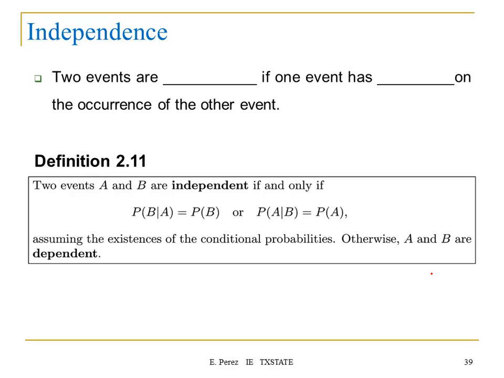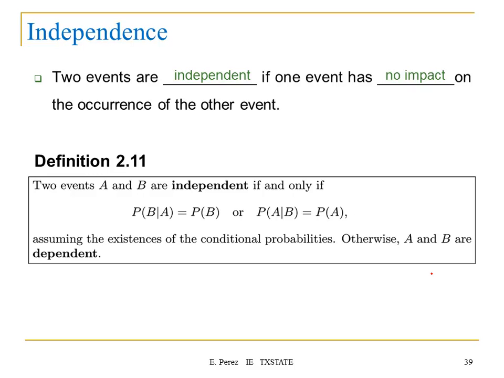Okay, so now let's talk about independence. Two events are independent if one event has no impact on the occurrence of the other event. And that makes sense, right? They're independent, there's no effect of one on the other. So two events A and B are independent only if the conditional probability is always equal to the probability of the event that you're trying to compute.